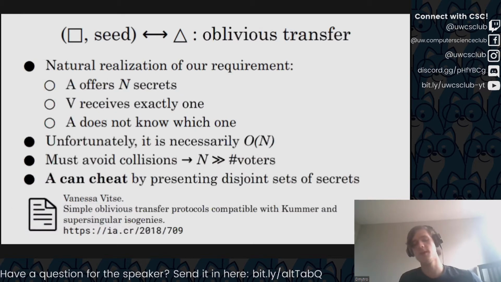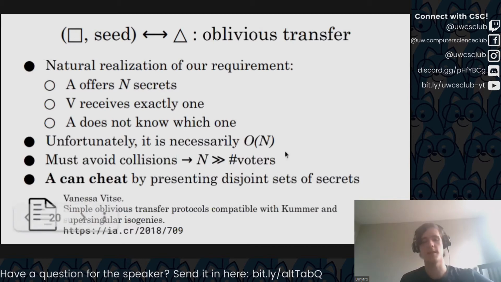A less significant problem is that oblivious transfer necessarily requires O of n network traffic to pass through the connection, because each of the secrets has to plausibly have been the one that the voter received. So you have to send basically all of them, transformed in some sort of way.